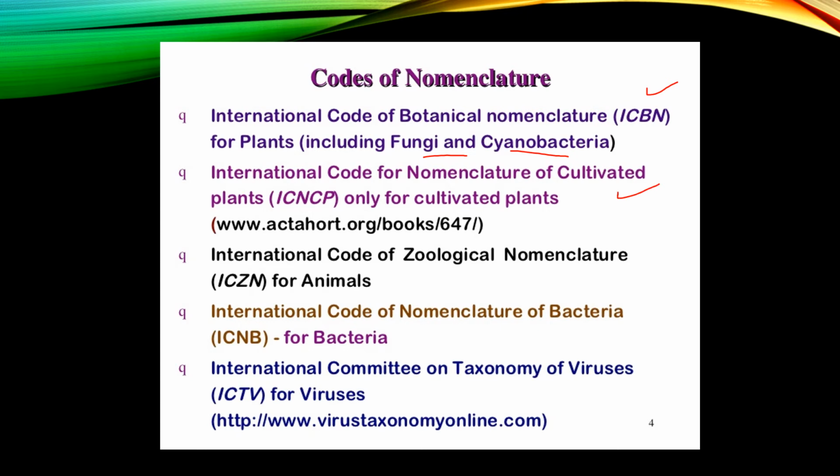Then you have ICZN for animals, the International Code of Zoological Nomenclature. Then you have ICNB for bacteria, the International Code of Nomenclature of Bacteria. Then you have the International Committee on Taxonomy of Viruses, ICTV, for viruses. You need to remember these names with their full forms as well as the abbreviations for your objectives.